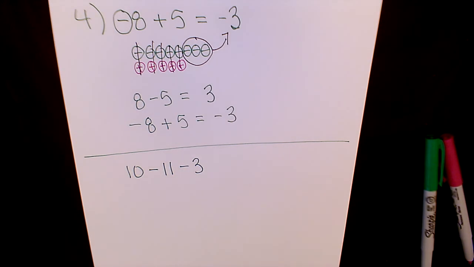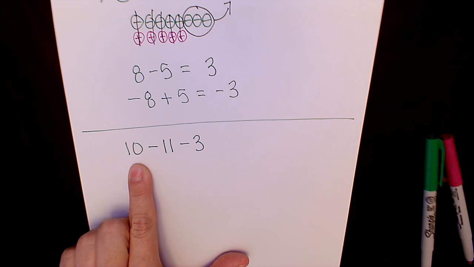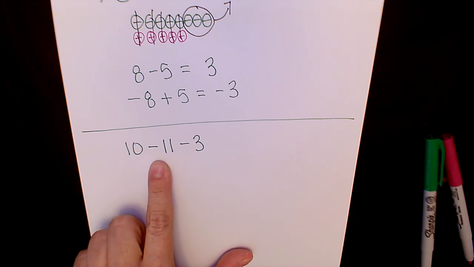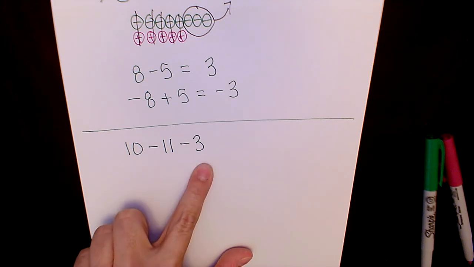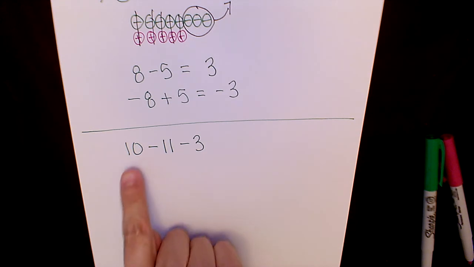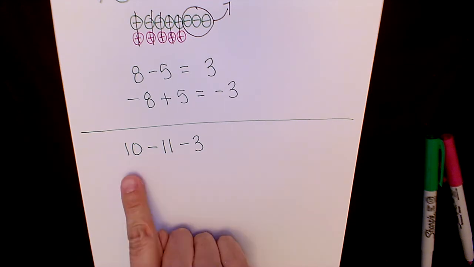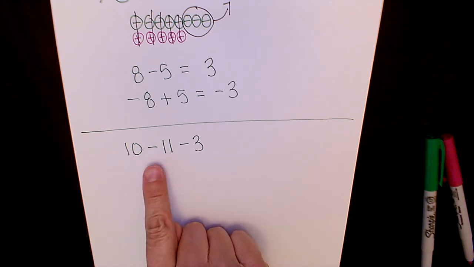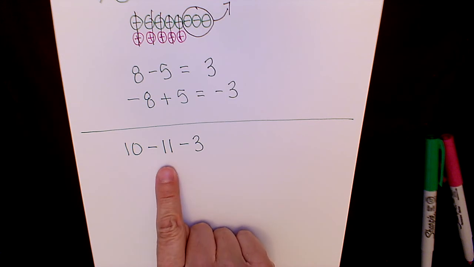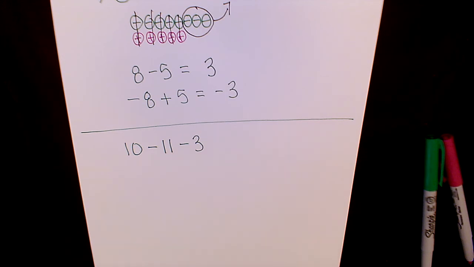So this is a triple because there's 3 numbers, and I've got a positive 10, I've got a negative 11, and a negative 3. So you can either go left to right and do 10 plus a negative 11 or 10 minus 11, same thing, and then minus 3 from that.